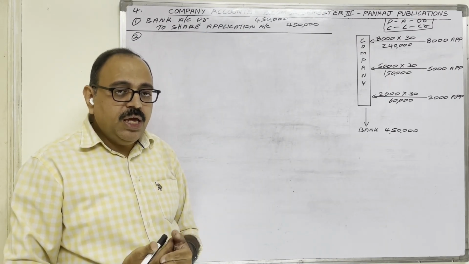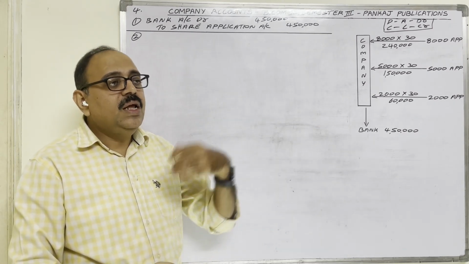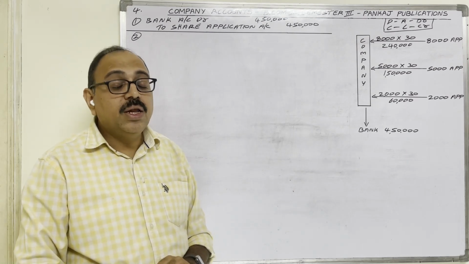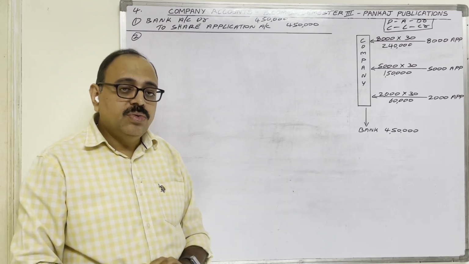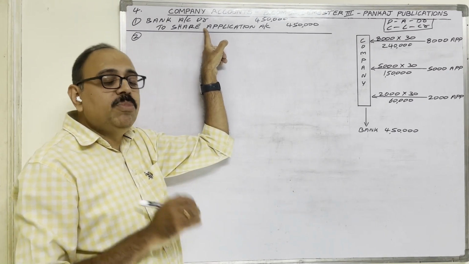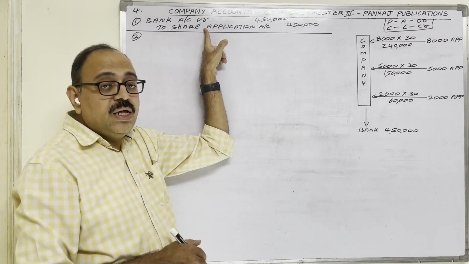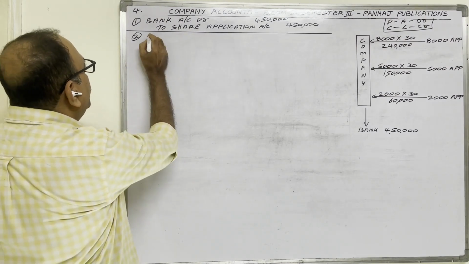For application money, they are creditors. Now, the company is returning 60,000 rupees to the third category of applicants. Therefore, those applicants are not creditors now. So, how did we create a creditor account? By crediting share application account. How to cancel that? By debiting. Therefore, share application account should be debited.